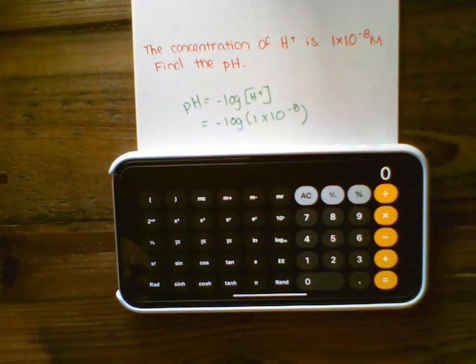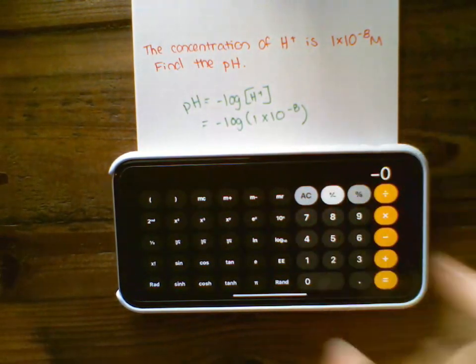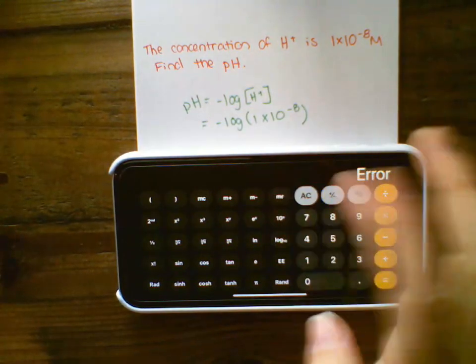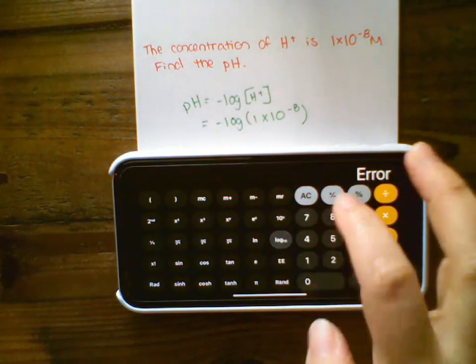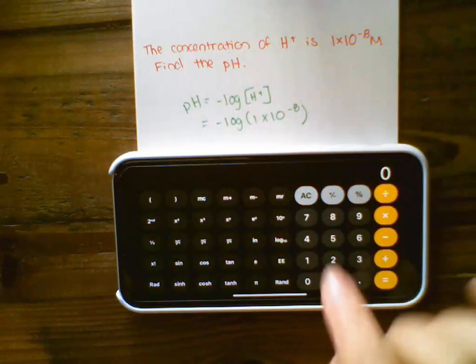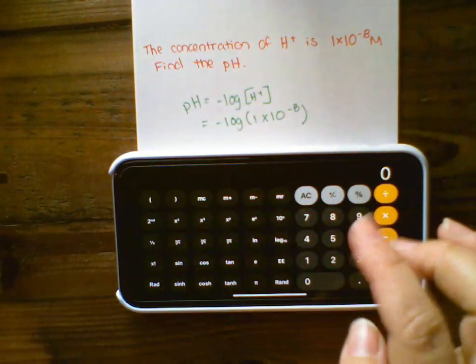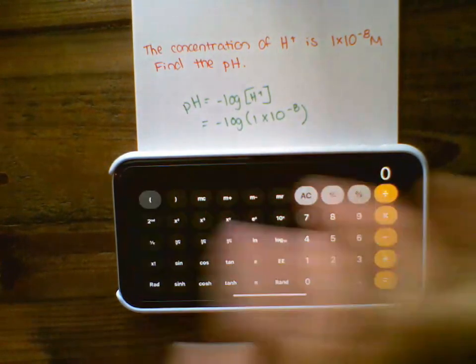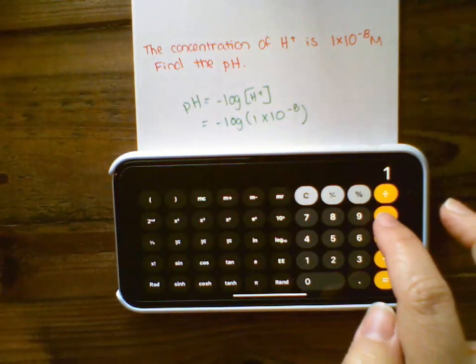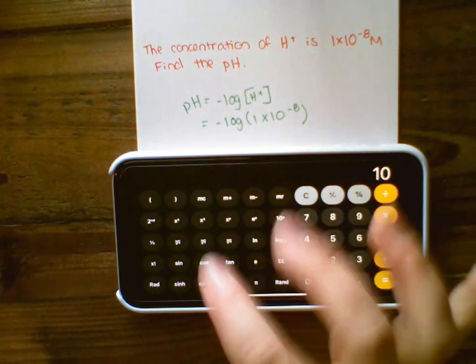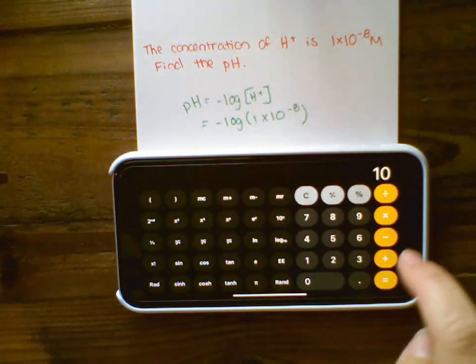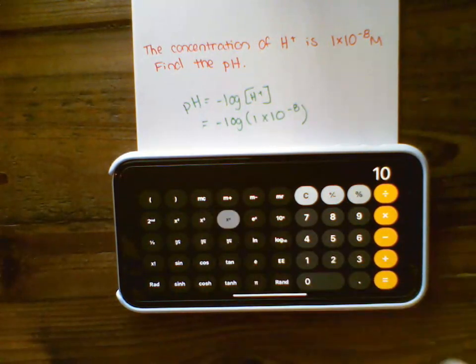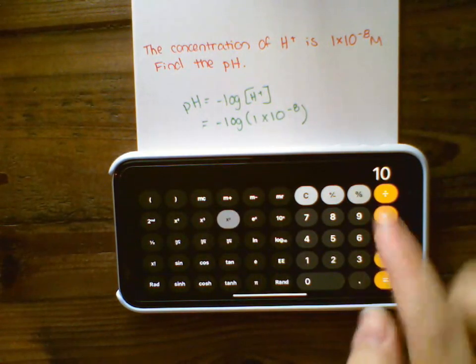So we want the negative log, oops, so when we're using this calculator, we're going to have to put them in a different order. So we want to do parentheses 1 times 10 to the 9th.